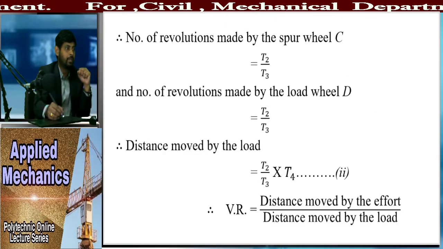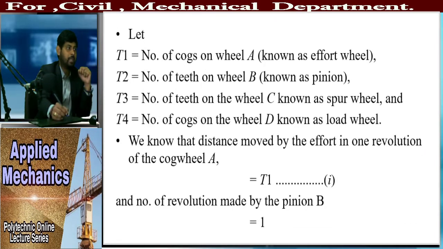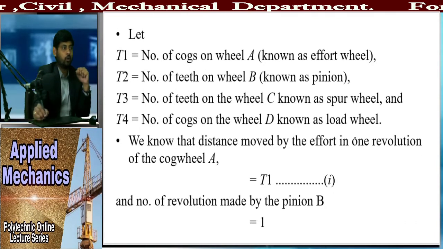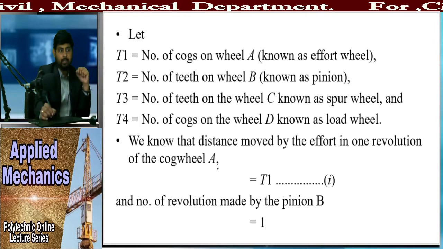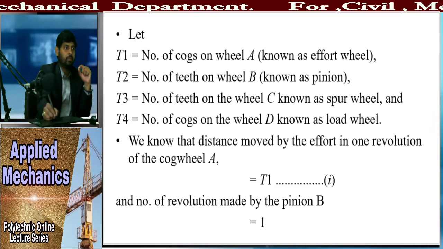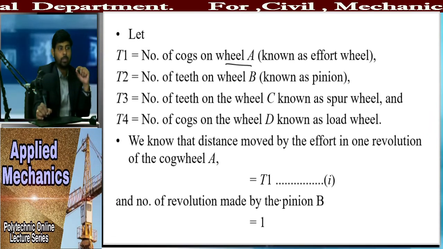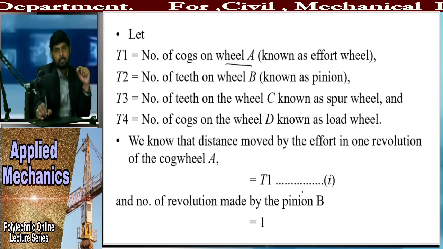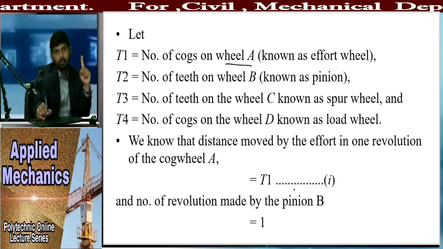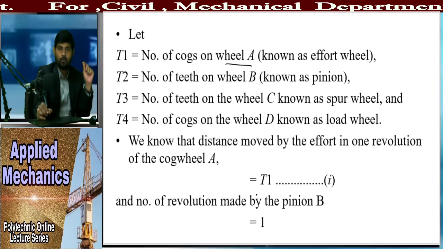After that, we know that the distance moved by the effort in one revolution of the cogwheel A is T1, because for cogwheel A we have T1. The number of revolutions made by pinion B is 1, because in one revolution it turns one time.